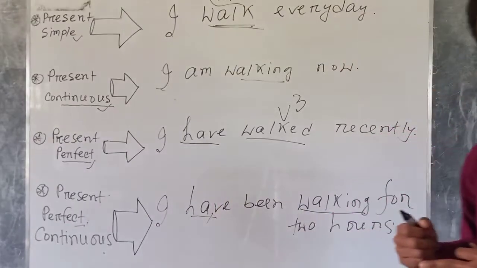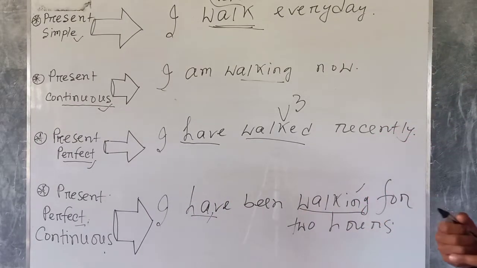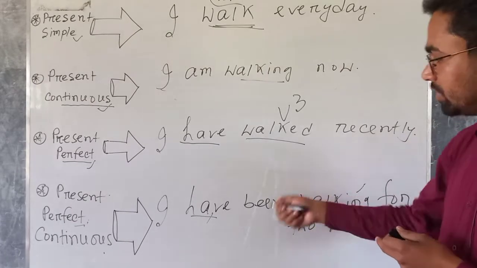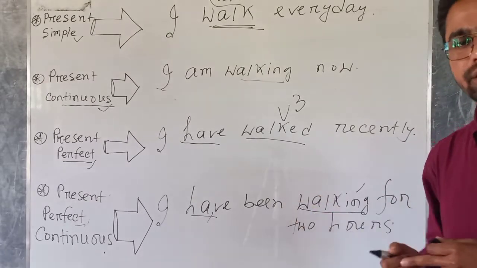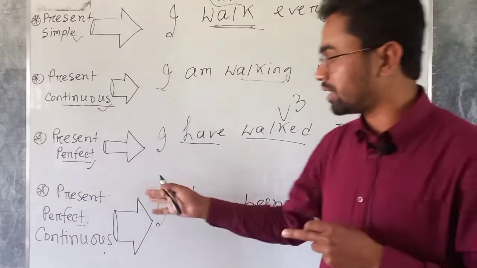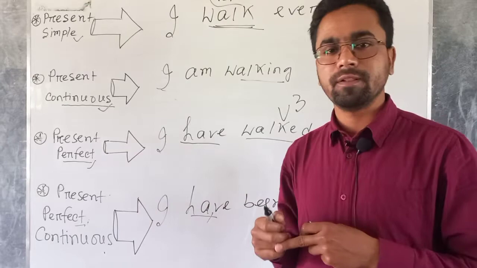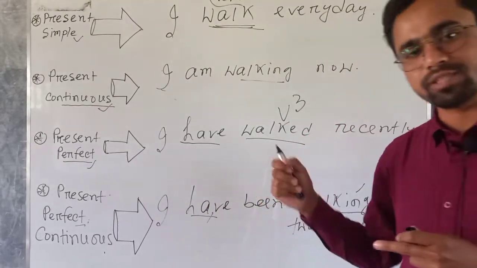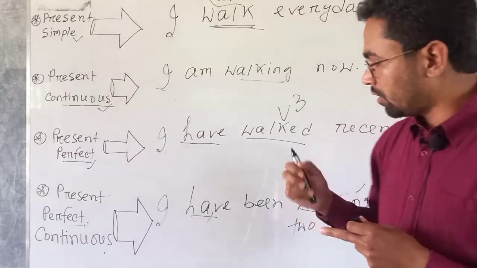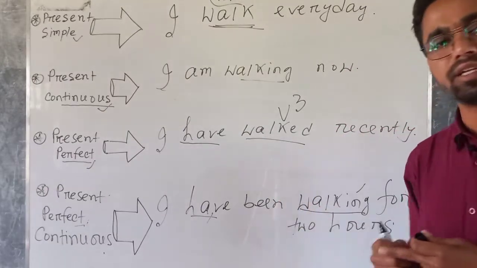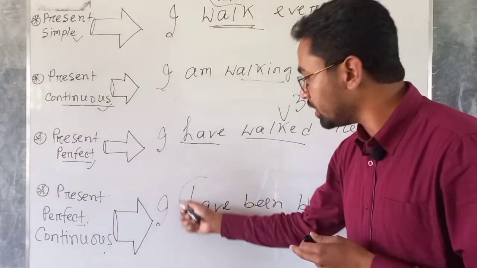Have means present, ing means continuous. Been, why? Why have I used been in this sentence? If you want to make a sentence into present perfect continuous, then you need to use have been or has been. Either have been or has been will be used in this sentence as auxiliary verb.